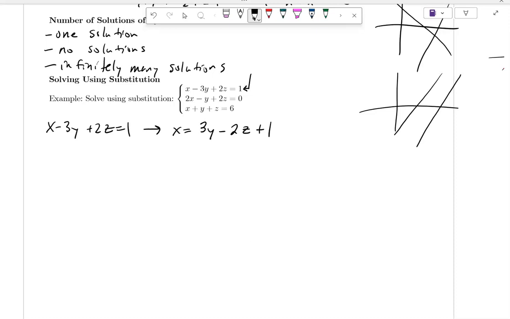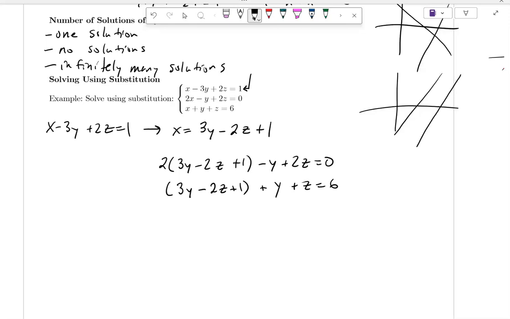So if I plug it into the second equation, I'll have 2 times that 3y minus 2z plus 1. And then we still have a minus y plus 2z equals 0. Plug it into the second equation, or excuse me, the third equation. Take out the x and put in that 3y minus 2z plus 1. We get that equation.